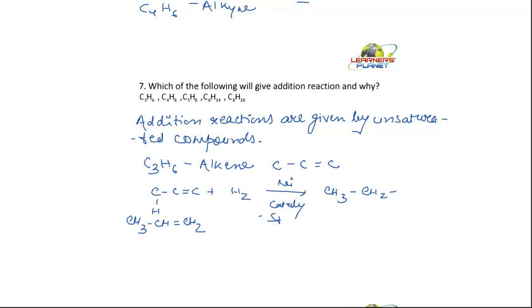After addition of hydrogen, I'll get CH3, CH2 and CH3. Okay? What else is there? C4H8. What is it? This is also an alkene, and it will give addition reaction. C5H8 is what? It is an alkyne. And this will also give addition reaction.